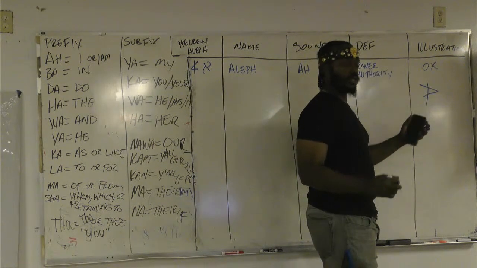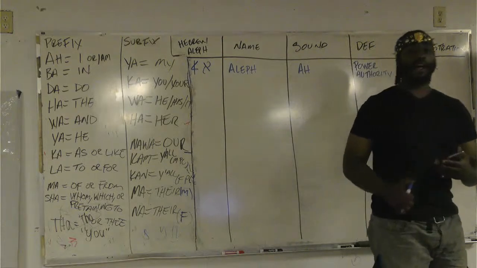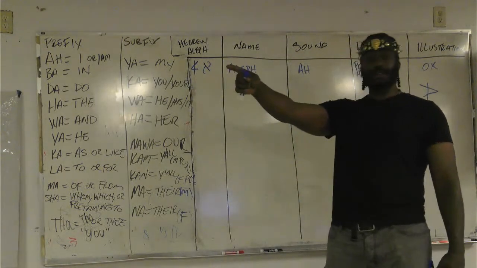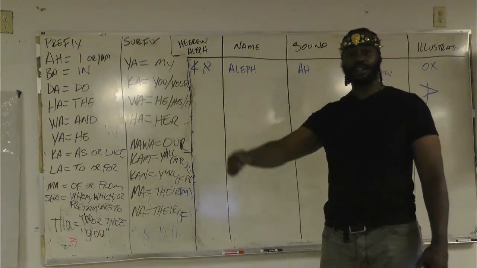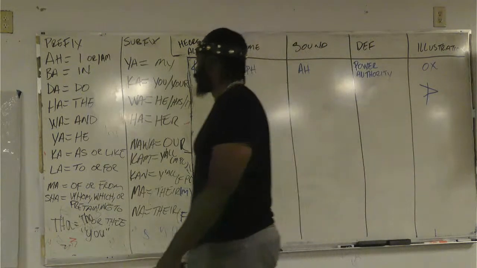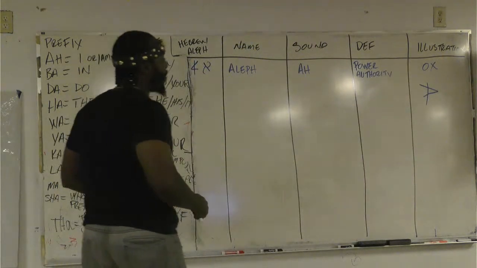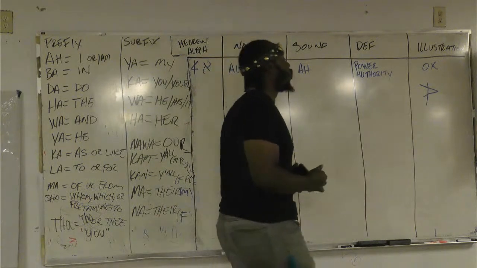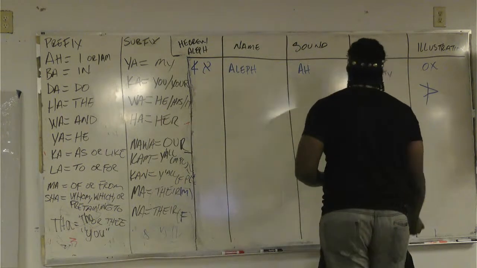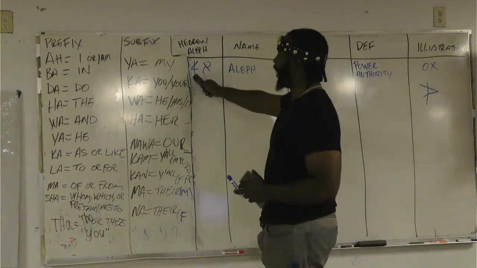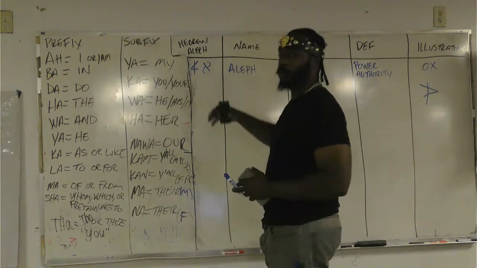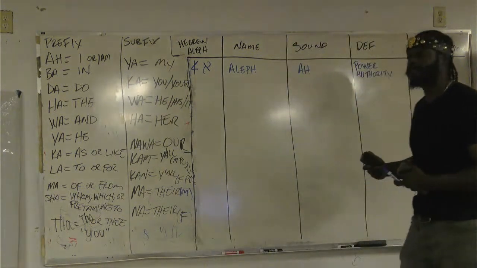So when the ox rolls upon you, he's like, ah, right? You know, when the ox comes through, you know what I'm saying? It is mighty, it is powerful, right? So the illustration of the ancient language is the formation of an ox head, right?